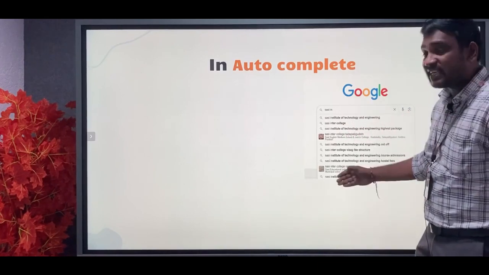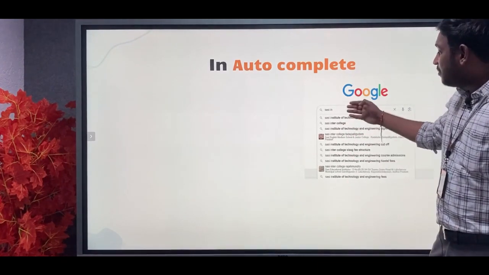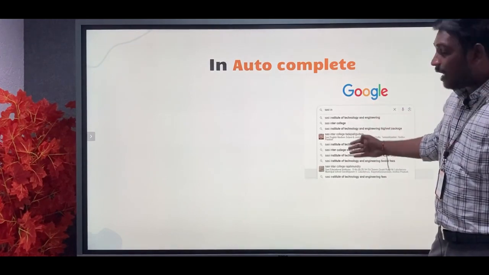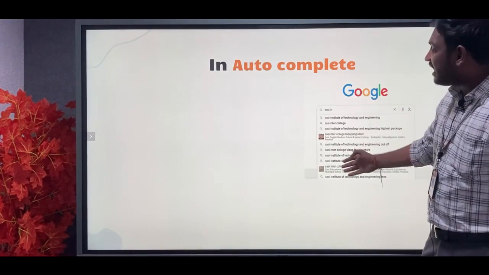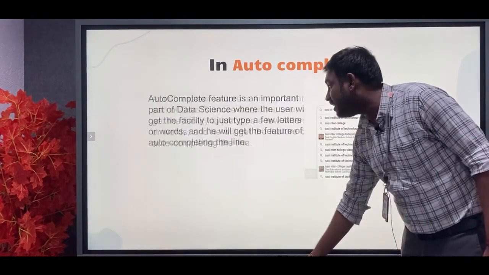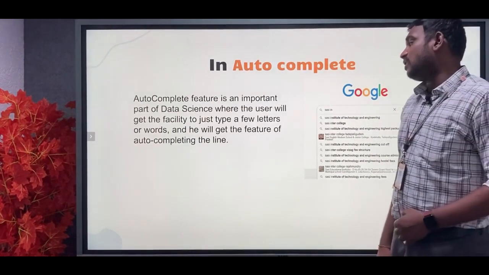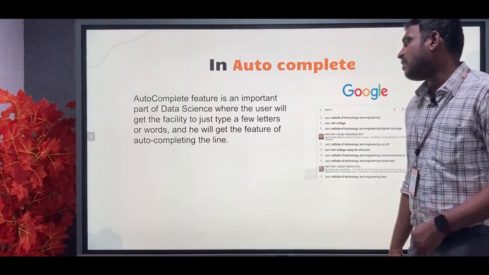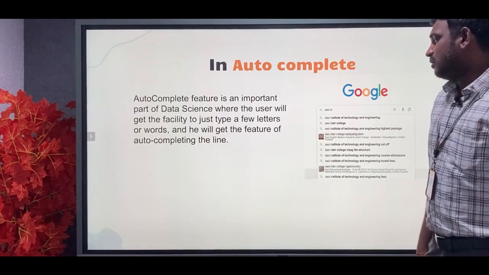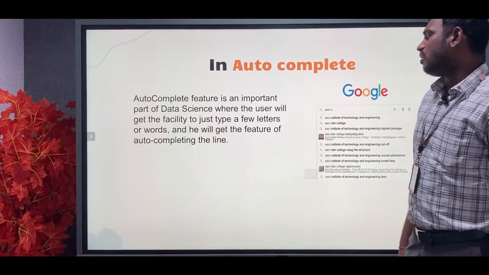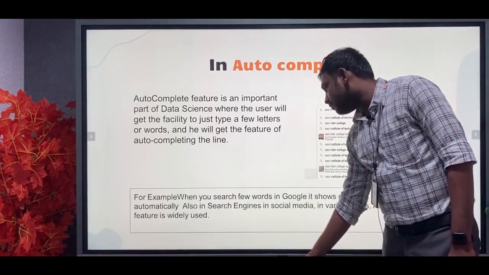Like that, Google is suggesting some existing sites. This is called autocomplete. Autocomplete is an important part of data science, where the user gets the facility to just type a few letters or words, and will get the feature of auto-completing the line.